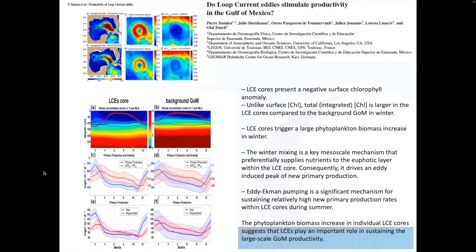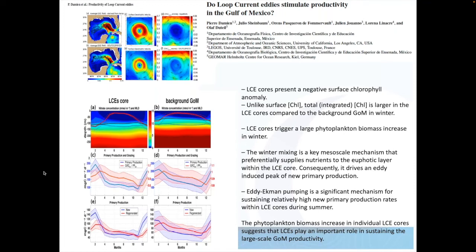What we believe is happening is that because the anticyclones are less stratified, it takes less energy, for example from the winds or from a very strong cold front going through the Gulf of Mexico and interacting with these eddies, to do the mixing.